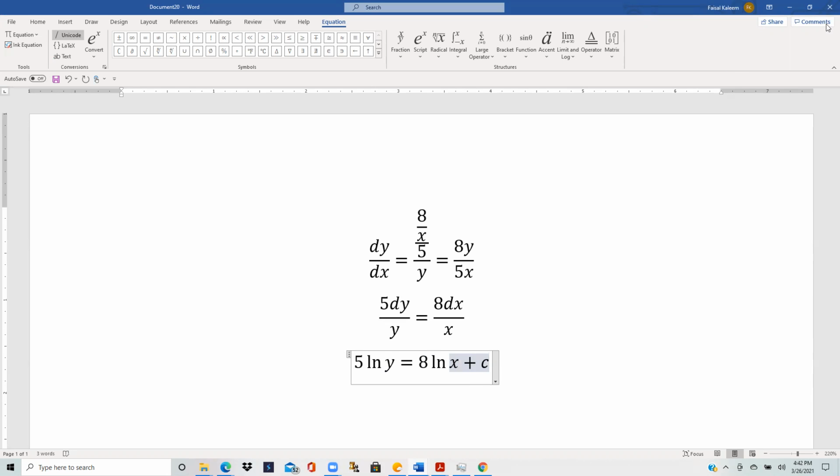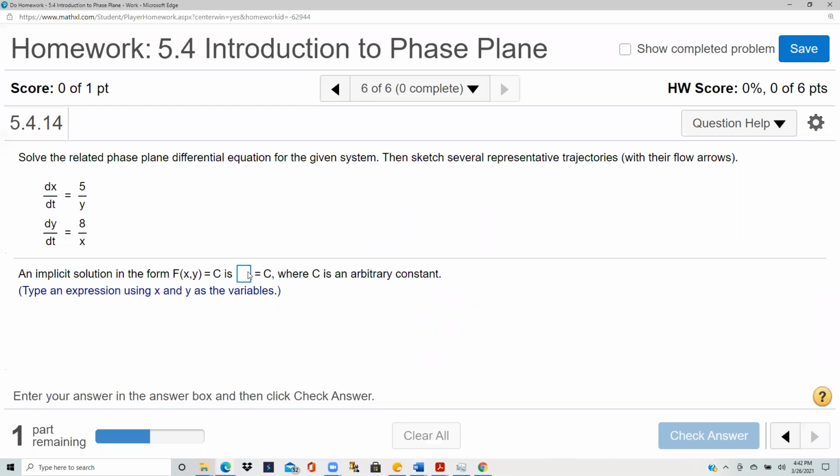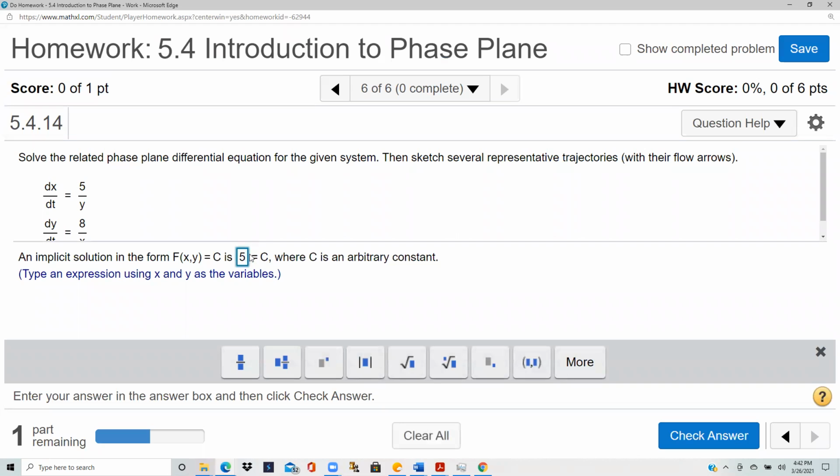Okay, so they want everything on the left. So now this should be absolute. So 5 ln absolute y minus 8 ln absolute x is equal to c.